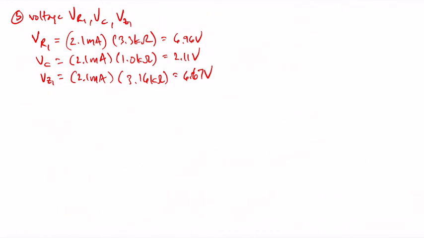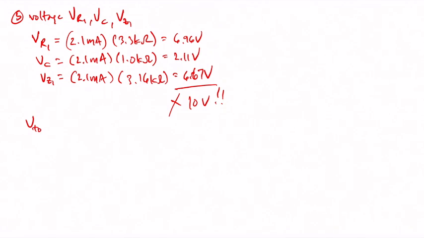Okay, so notice that it doesn't add up to 10 volts. And why is that? Remember that we're dealing with phasors, so this is not the correct way to check if you have the correct answer.